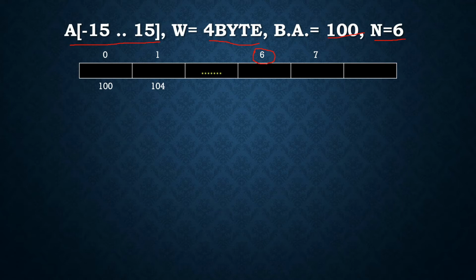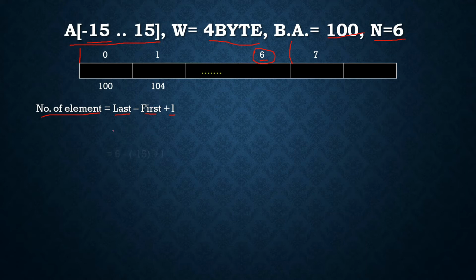So first of all, we have to find the total number of elements from minus 15 to the 6th index. For that we use the equation: number of elements equals last minus first plus 1. Here last is 6 and first is minus 15.